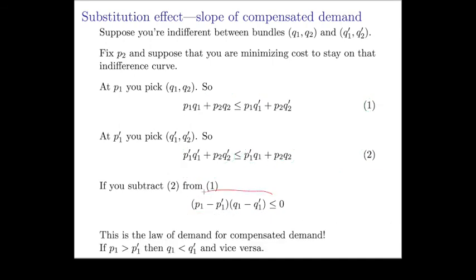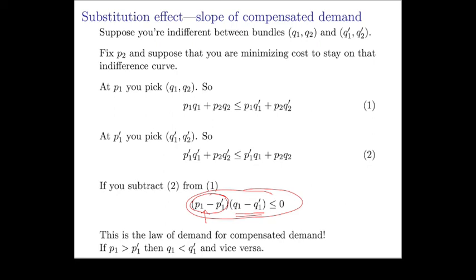What this tells us is that if you were to decrease the price, so P1 is bigger than P1 prime, that means this part is positive, then this has to be negative. So if the price goes down, then the quantity demanded has to go up.